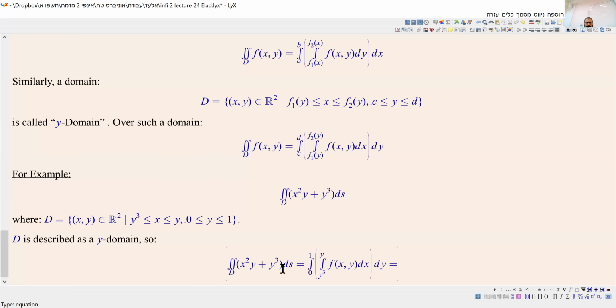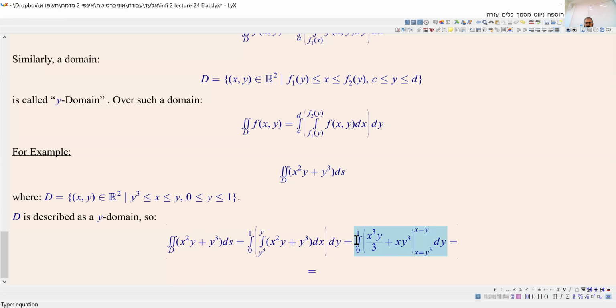What is the function? The function is this. Now we know how to integrate this function by x. It is x to the third multiplied by y, which gives x cubed y plus x y cubed, between y cubed and y, dy.